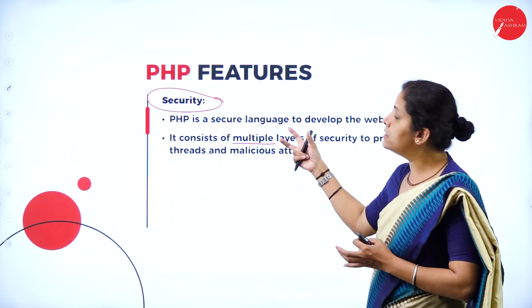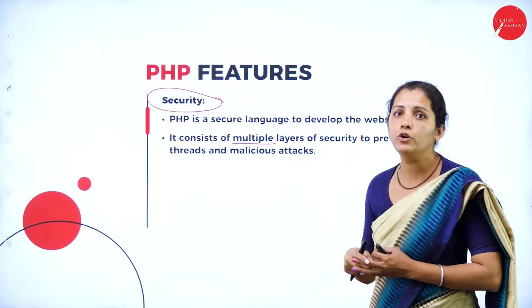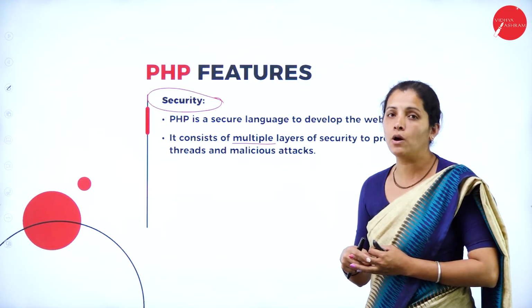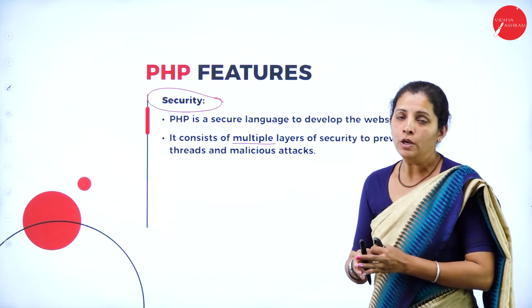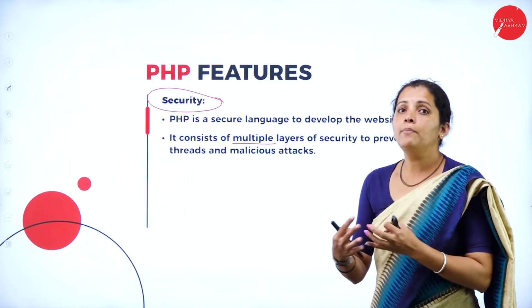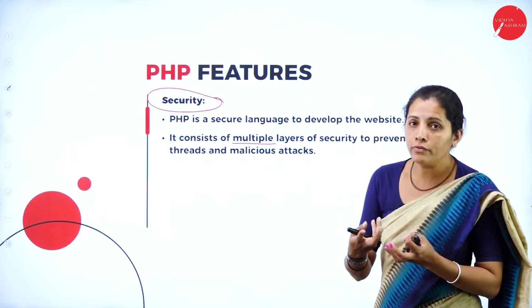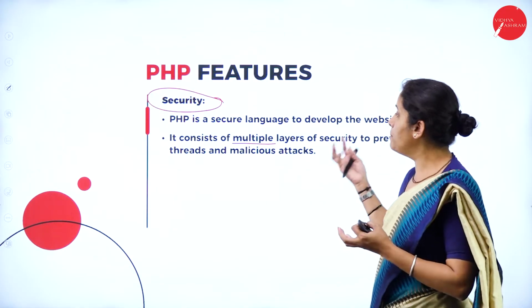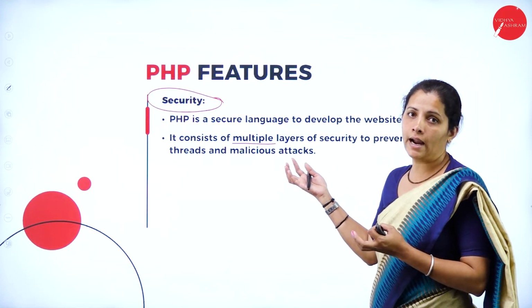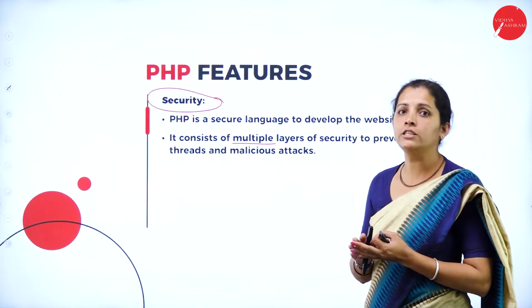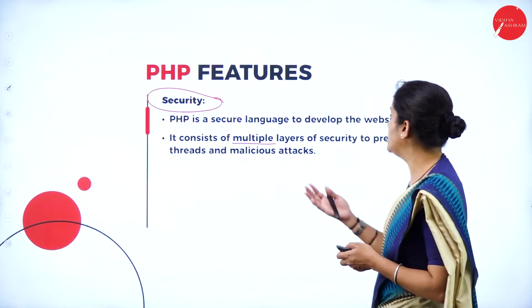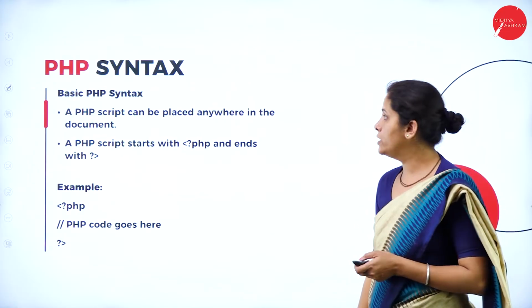When I run PHP, it runs on the browser and on the server, so I can expect different kinds of threats and malicious attacks. So PHP provides security. What kind of security? Multi-layer security.